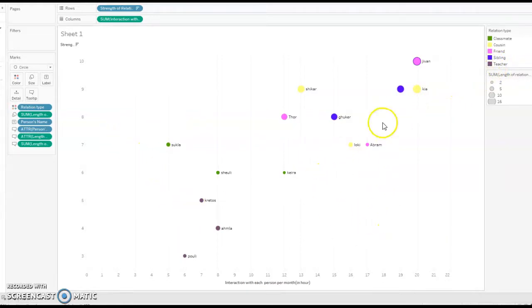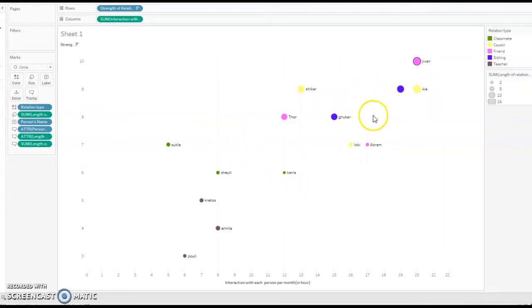We can see that the friend Zivan got the highest strength of relationship with the student. The student has 20 hours of interaction with Zivan each month, and the length of relation with Zivan is 13 years.